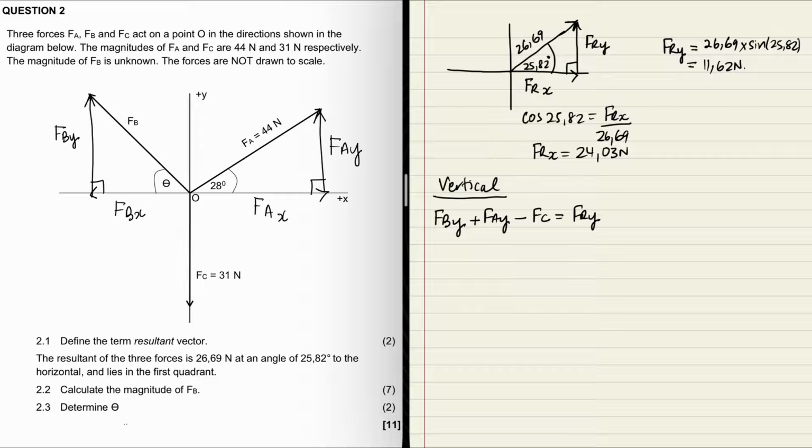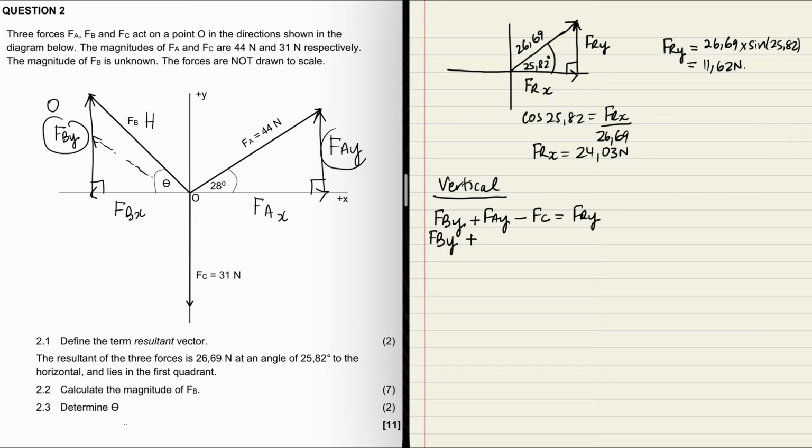Now let's substitute. So FBY is going to be, since this is opposite the angle here, and that's the hypotenuse, I can use sine. So it's going to be FBY plus FAY.